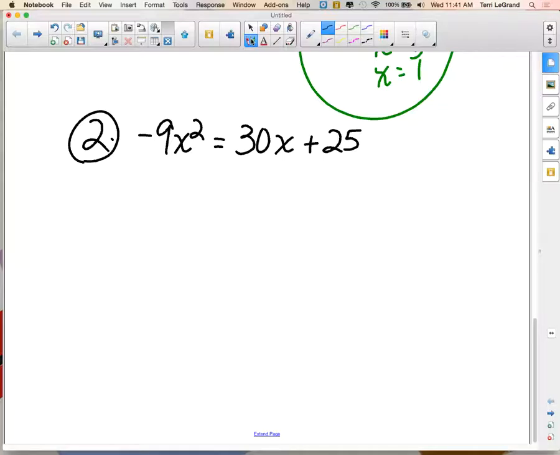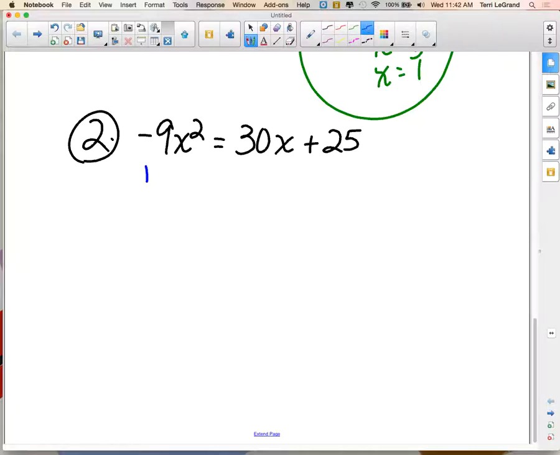So my next suggestion is, if you cannot make a positive 1 A value, at least make it a positive A value. So what could we do to make this have a positive A value? Add 9x squared to both sides.